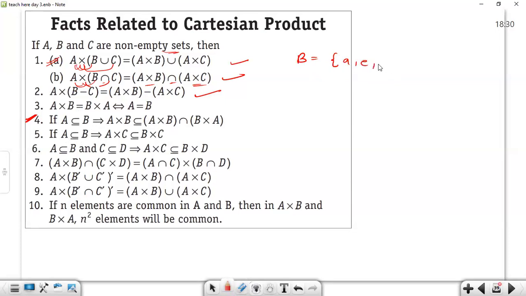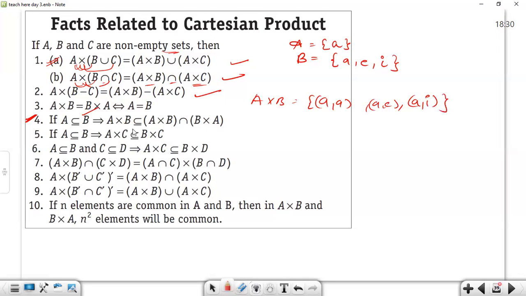Let's take B set as A, E, I, and A set as A only, a single element. So yes, A is the subset of B. True. Now let's find out A cross B: (A, A), (A, E), (A, I).